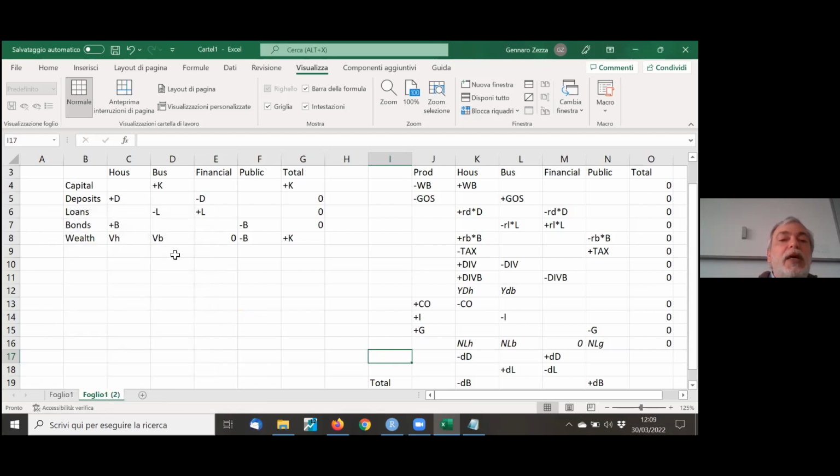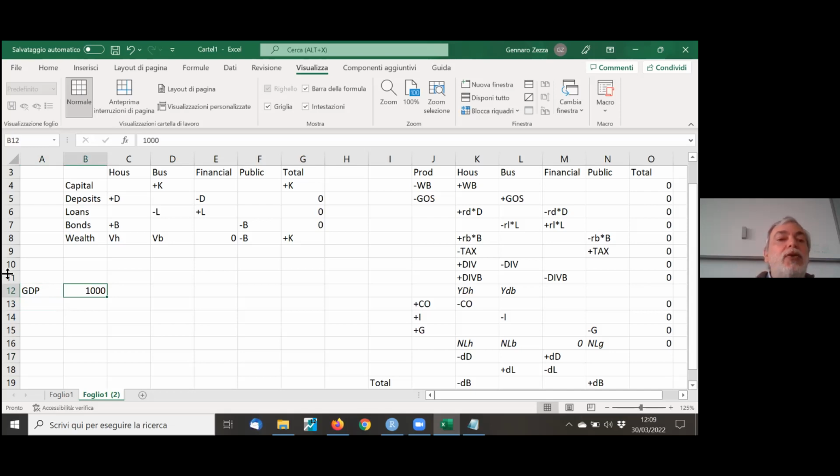And here I start putting numbers and parameter values, so to fill the two matrices with numbers. So let's say that we want GDP to be equal to the stock of capital. I already know this is going to create some problems. So let's say that this is equal to 1,000.